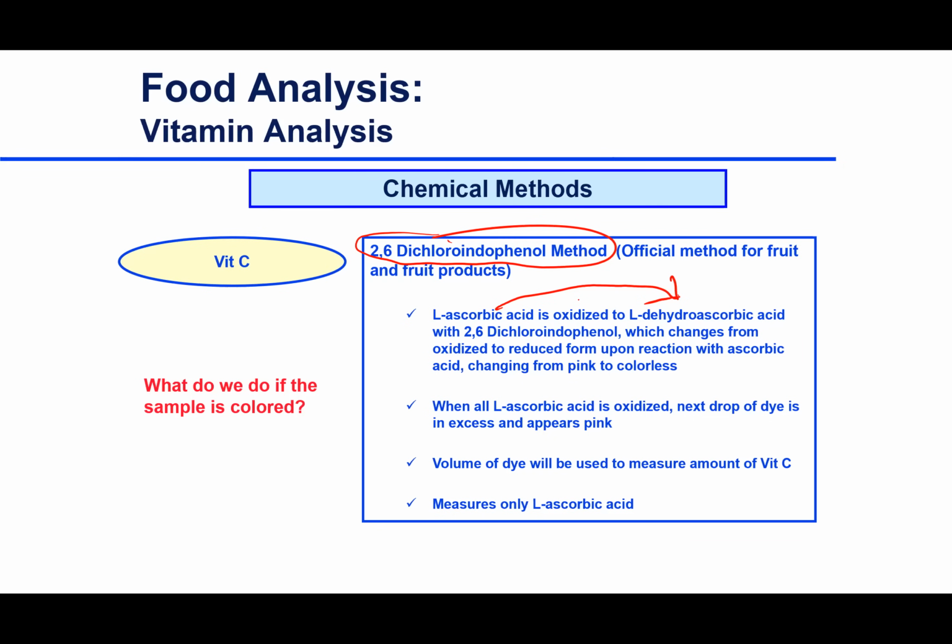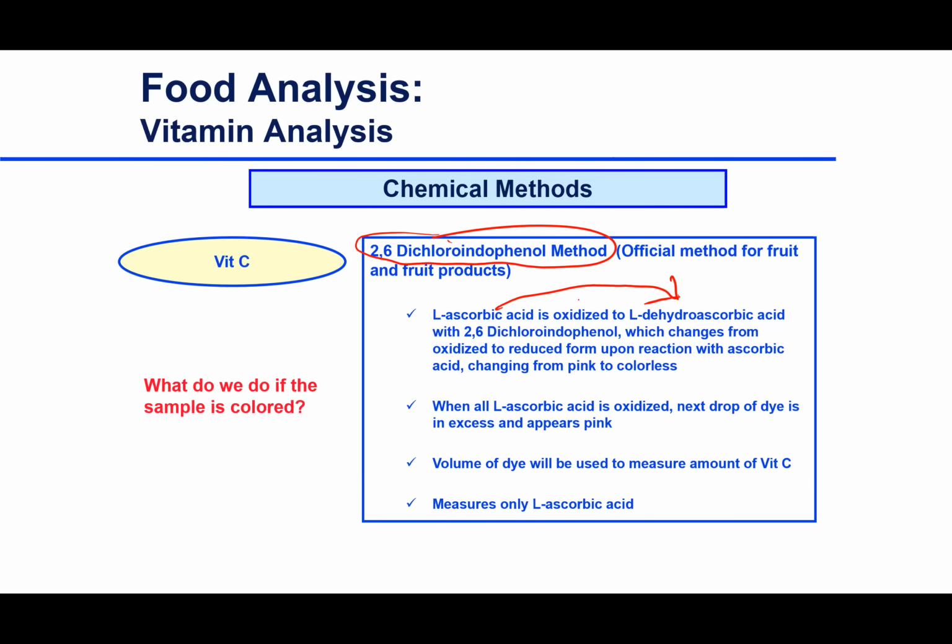So if you wanted to measure the total vitamin C, so the ascorbic acid and the dehydroascorbic acid, how would you do it? Just broadly. So ascorbic acid is the reduced form. Dehydroascorbic acid is the oxidized form.